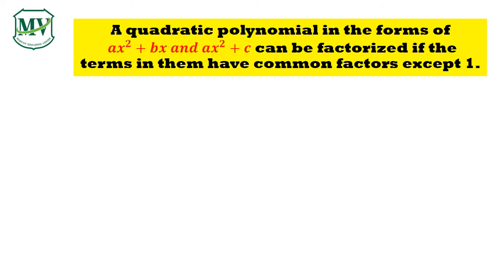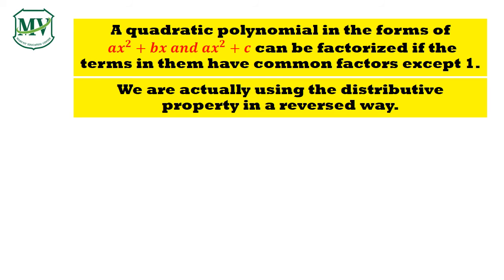Okay, so a quadratic polynomial in the forms of ax squared plus bx and ax squared plus c can be factorized if the terms in them have common factors except one. We are actually using the distributive property in a reversed way. For example, we have 2x squared plus 4.